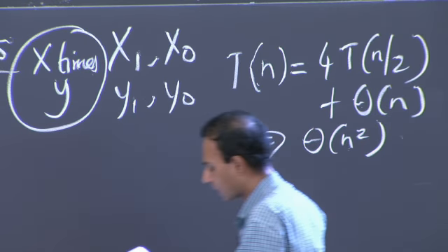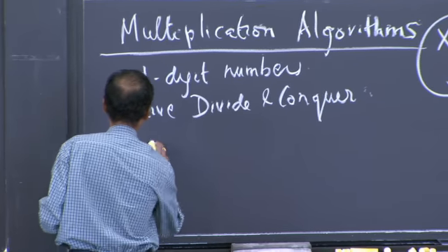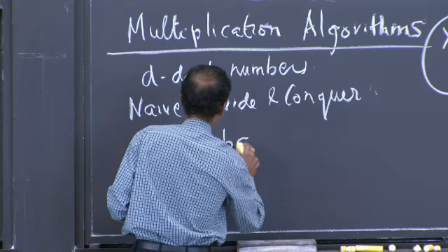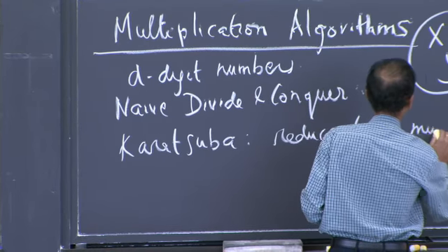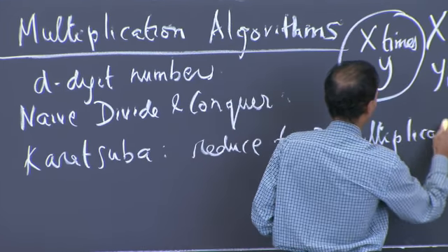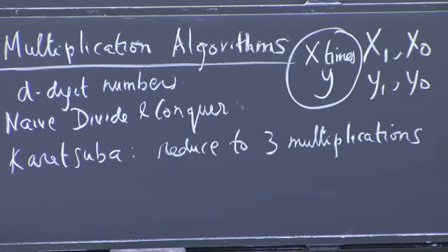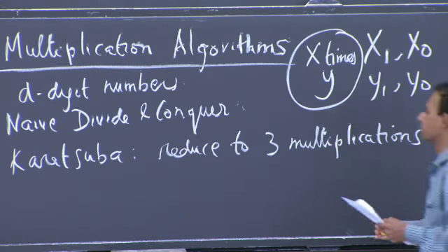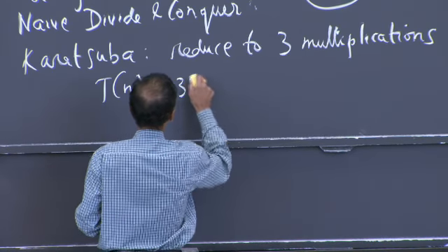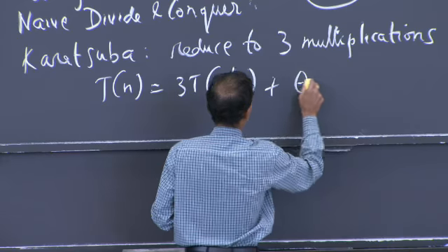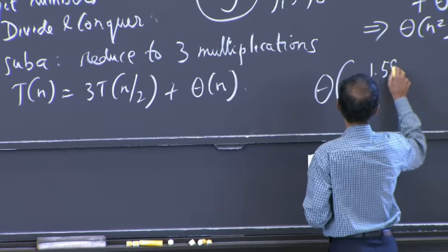This gentleman by the name of Karatsuba recognized that you could play a few mathematical tricks, which I won't go over again, but reduce to 3 multiplications, and you do a few more additions. But given that the additions have theta(n) complexity, the recurrence relationship turns into T(n) equals 3T(n/2) plus theta(n). And this ends up having n to the 1.58... complexity.